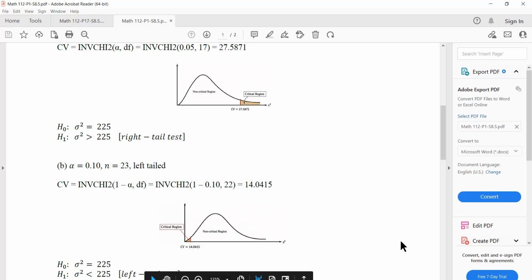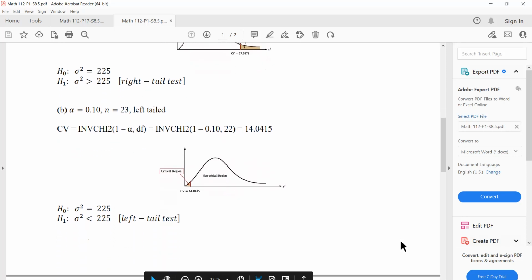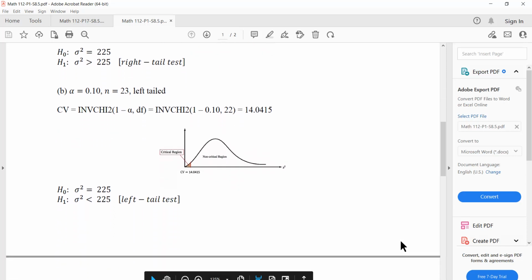Moving on to letter C. Take your time. H0, and I don't get it. Is the sigma squared always going to equal the number?